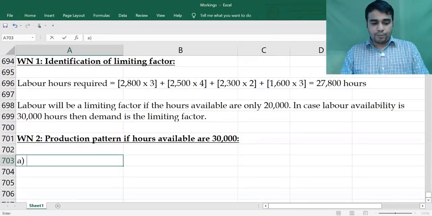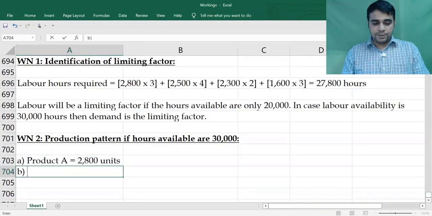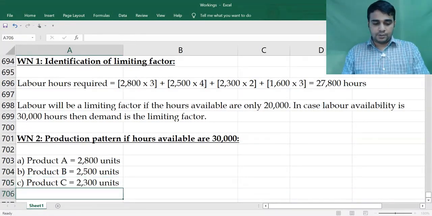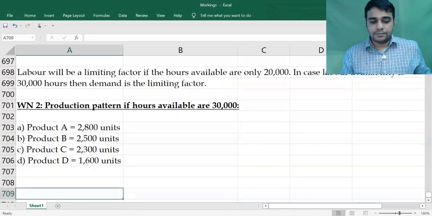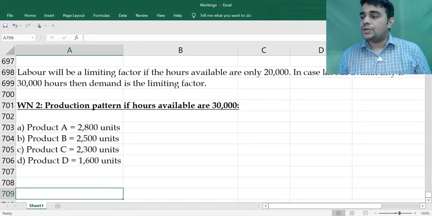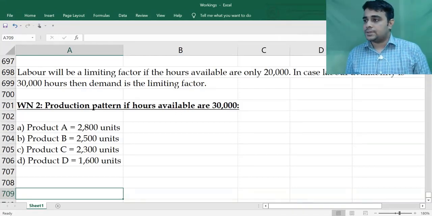So this is very simple. Product A 2,800 units, product B 2,500, product C 2,300, and product D 1,600. I will meet the entire demand, with no shortage in meeting the demand of the product.